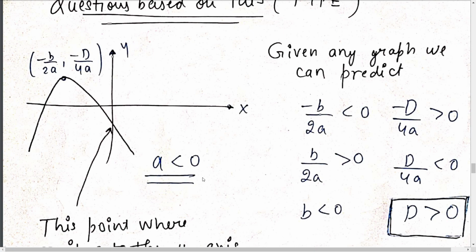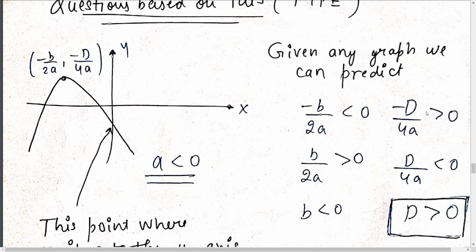Relate with this example. Now a is less than 0, so b will also be less than 0, so that the division of these two will be greater than 0. You take an example. Suppose take b as minus 4 and a as minus 2. So the denominator becomes minus 4 and the numerator becomes minus 4 also. So the product becomes 1, greater than 0.